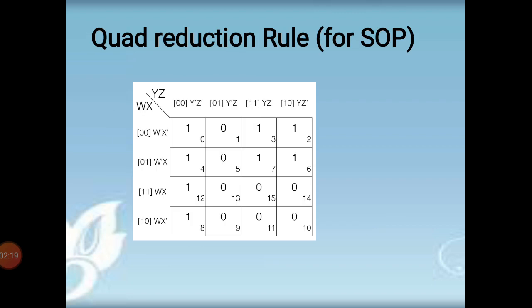Now, quad reduction rule. Again, consider this four variable KMap, and here cells M0, M1, M2, M3, M4, M7, M6, M8 and M12 have the value 1.